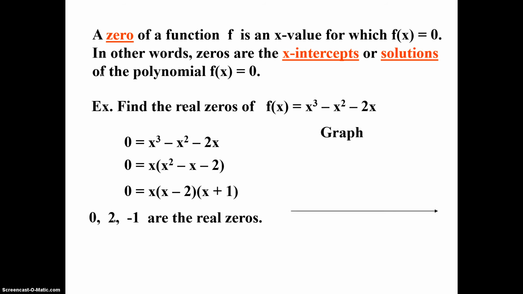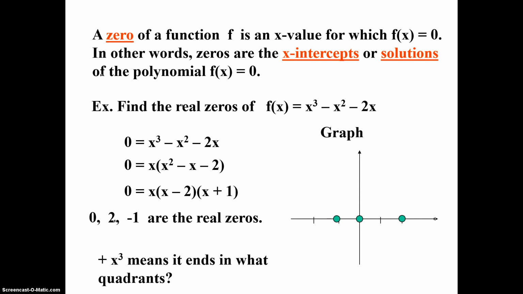So we look at a sketch and plot the x-intercepts: 0, 2, and negative 1. And we said that the positive x cubed means it ends in quadrants 1 and 3. And there we go. That's our graph.